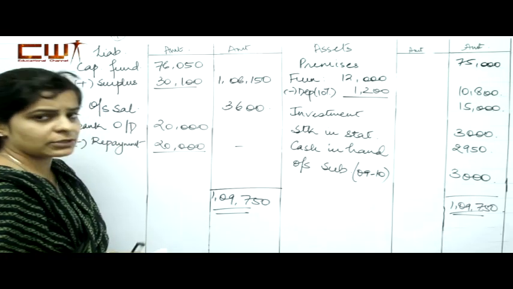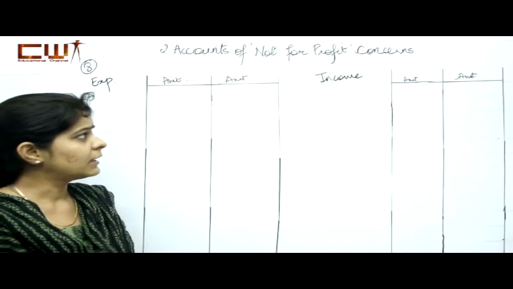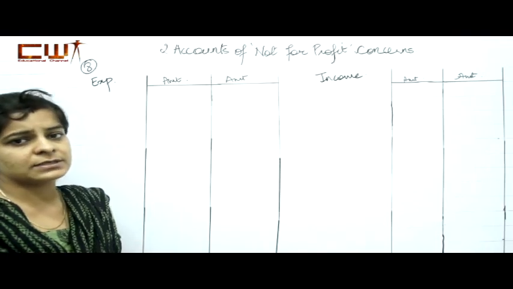We move on to the next numerical, that is numerical number 8. They've asked you to prepare the income and expenditure account and balance sheet. First we will see the income side, right?